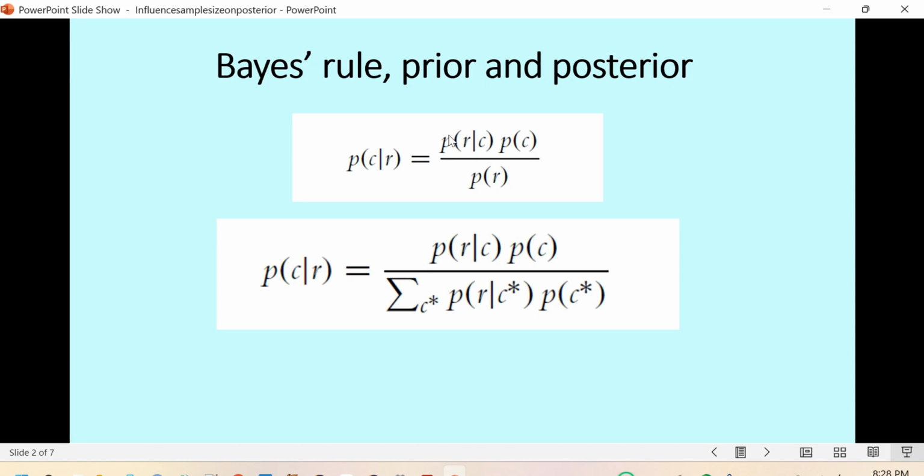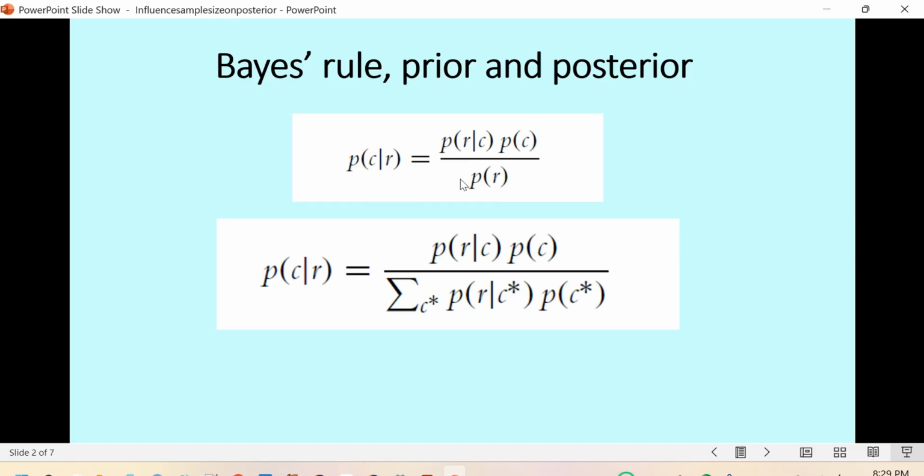So likelihood means, for which value of the parameter C, what's the probability of R under this parameter value.